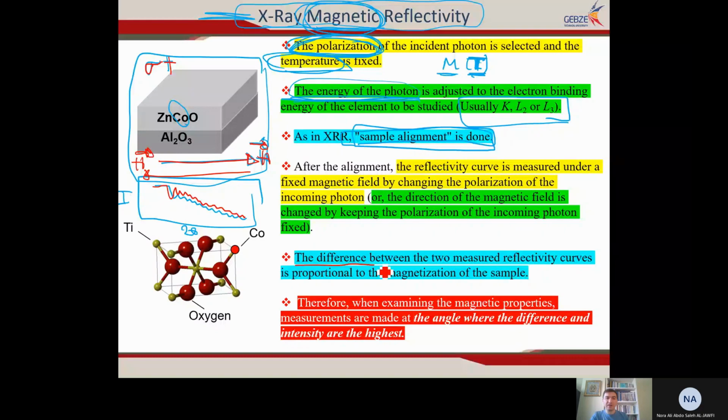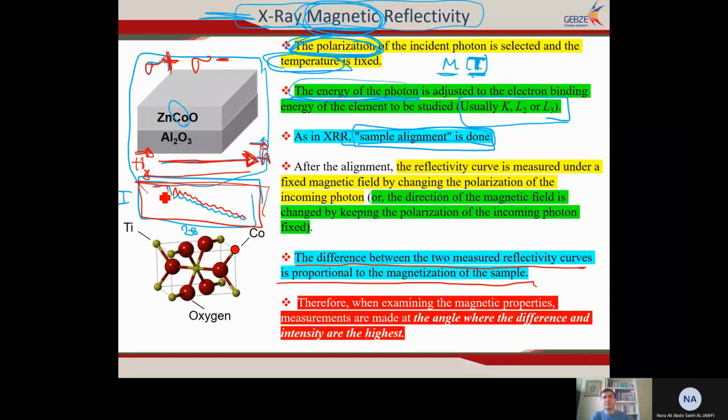You apply a magnetic field in a certain direction and fix the magnetic field. You change the polarization. You can use right circularly polarized light, or you can use left circularly polarized light. So you can carry out two reflectivity curves for two different polarizations, okay?